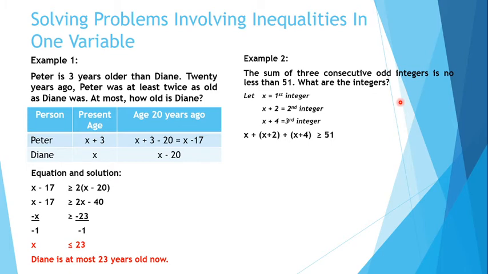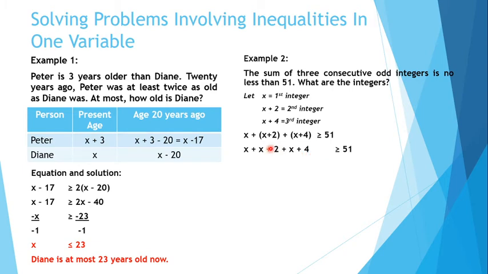Now, is no less than 51. So class, the amount here should be no less than 51. That means 51 is already the minimum, so the total amount here must be 51 or more. That is why we use the greater than or equal to sign. Now to compute, we have x plus x plus 2 plus x plus 4 is greater than or equal to 51.